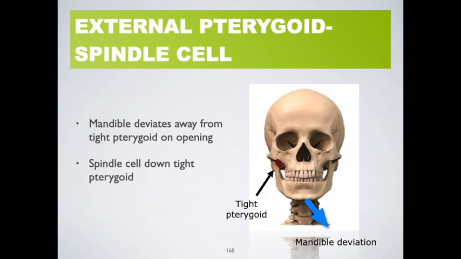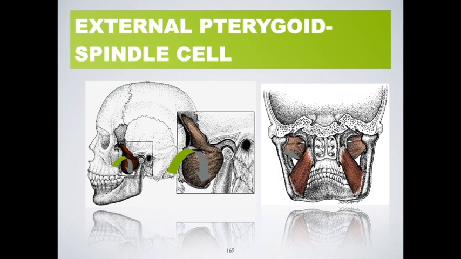And with the external pterygoid spindle down, basically you take your smallest finger and you go up and you get in the middle of the muscle and gently kind of push to give it a stretch. You're trying to reset. You can't get 2 fingers in there to spindle it down. You've got to just kind of get in there and kind of work it. And it's very effective. It really is.